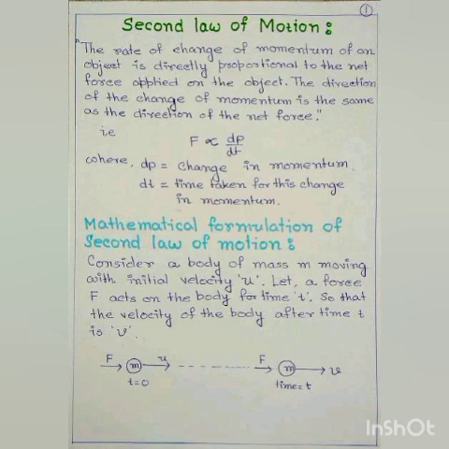Means if there is change in velocity and the amount of change is very small, you can write it as dv. Clear? If the change in displacement is very small, then you can write it as ds, like this. So here change in momentum is dp, as p is the momentum, and change in time is dt, where t is the time.